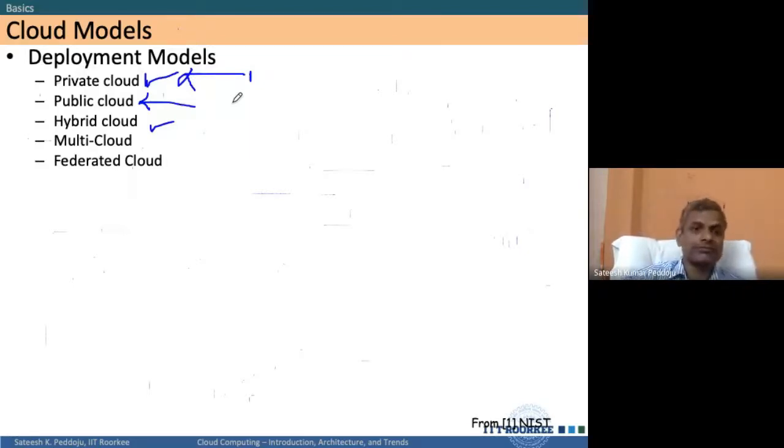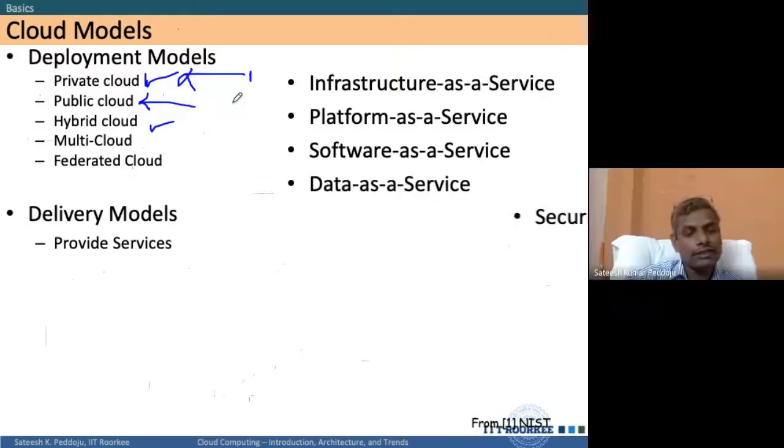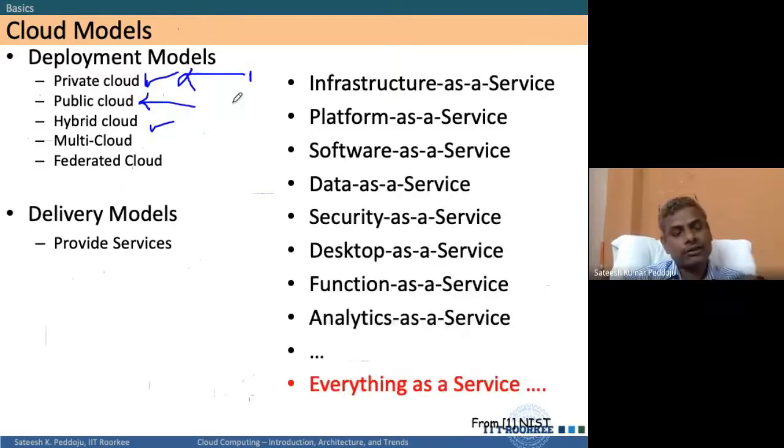So you are giving federation to the typical other clouds. Okay. And as I mentioned, the essence of your cloud is to provide the services, and we have already studied that there are servers, there are networks, there is bandwidth, there is storage, several resources are there, they are provided as a service. Okay.